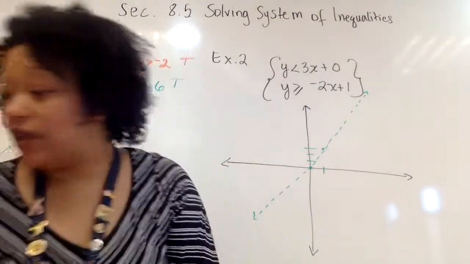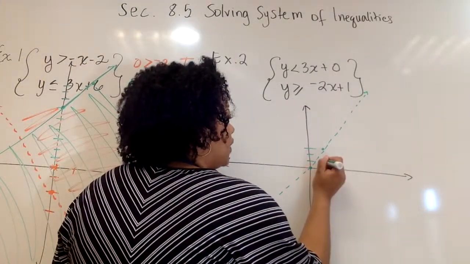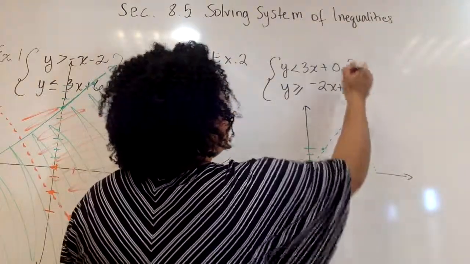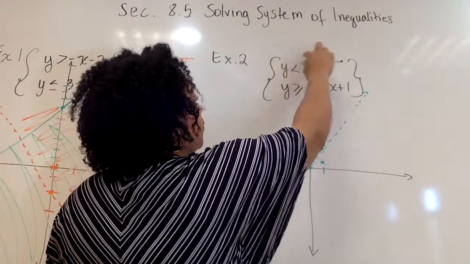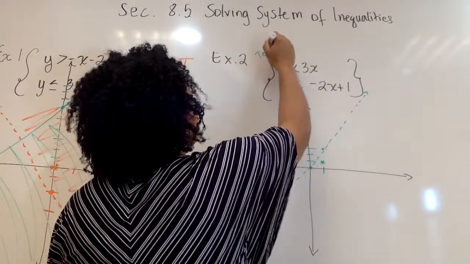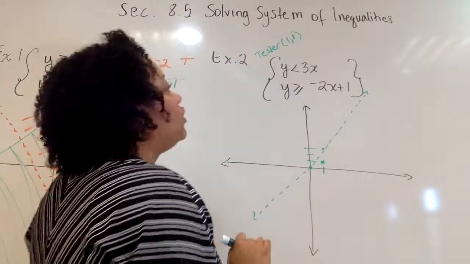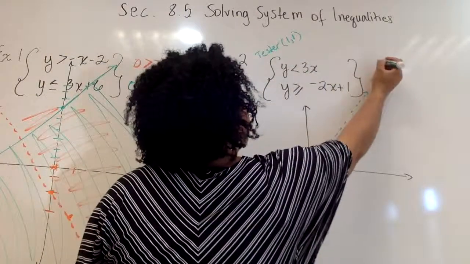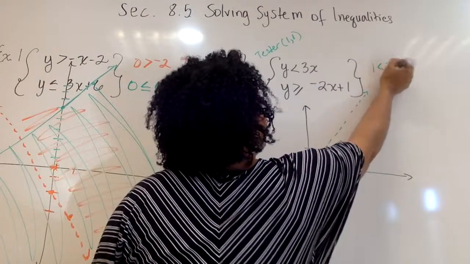Doesn't really matter. So if my tester is 1, 1, we're going to put it right here, okay? And we're just going to check it. If x is 1 and y is 1, you're simply asking yourself, is 1 less than 3?